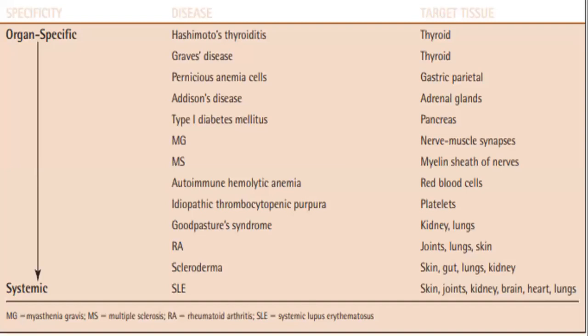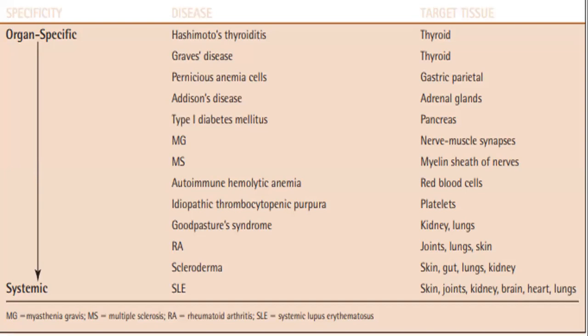Now, autoimmune diseases may be classified according to their manifestations or involvement. They may be organ-specific or systemic. Organ-specific if it affects only a particular system of the body. Systemic meaning it involves more organs.